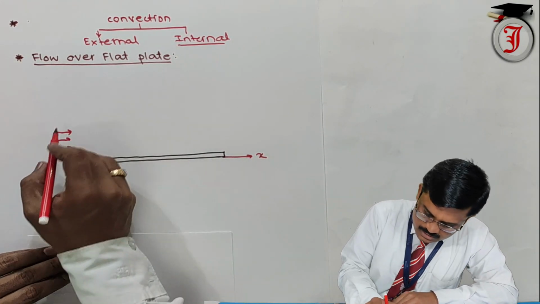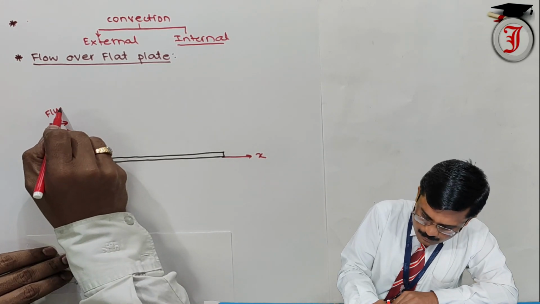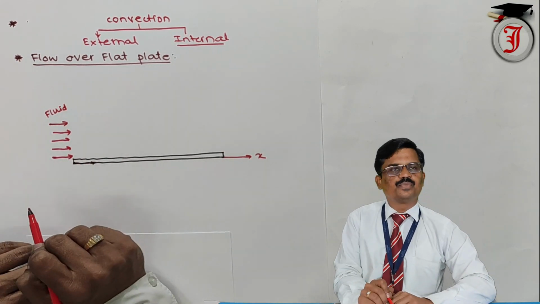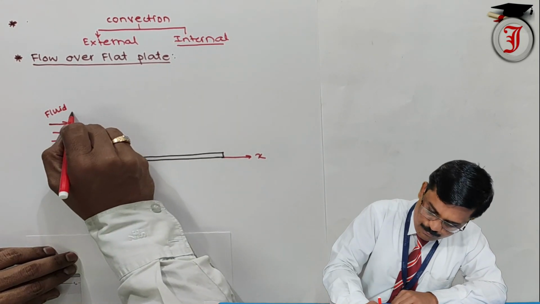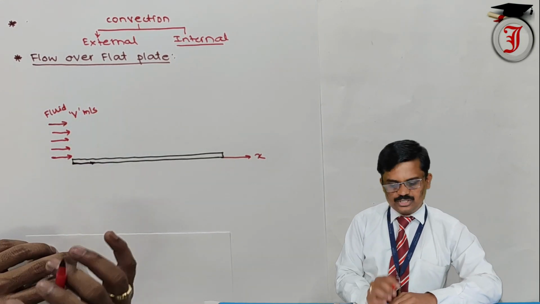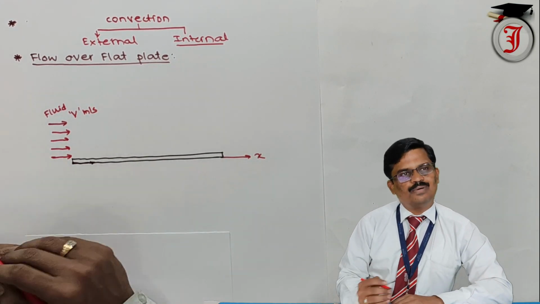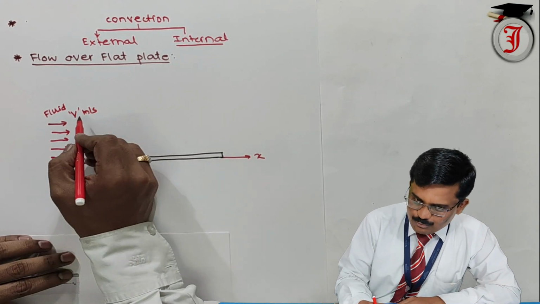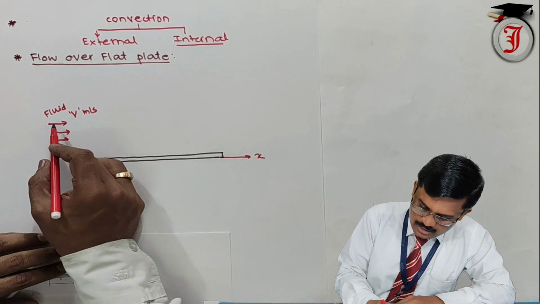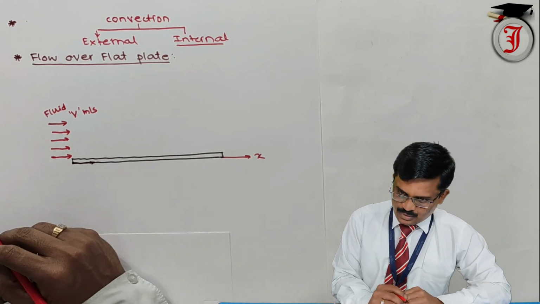Now, the fluid approaches in the x direction along the length of the flat plate with uniform velocity V meter per second, which is practically equal to the free stream velocity.